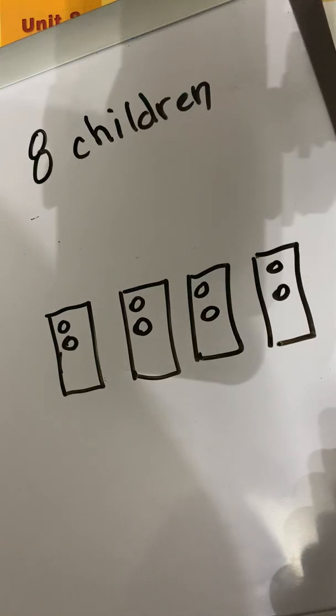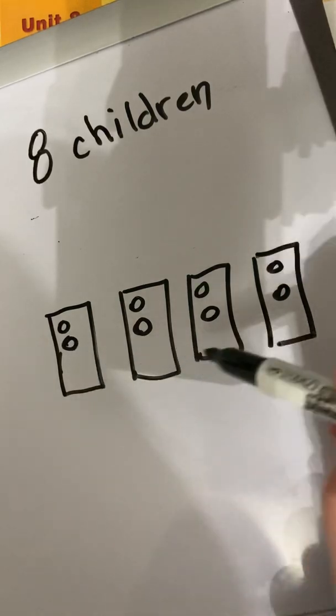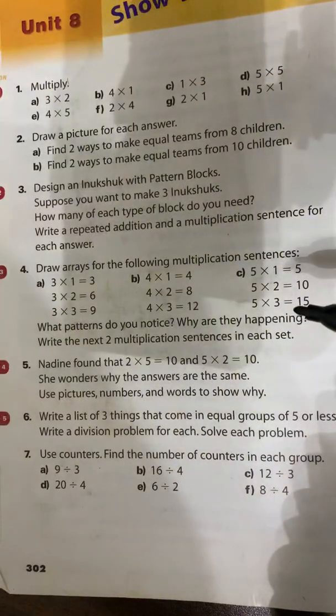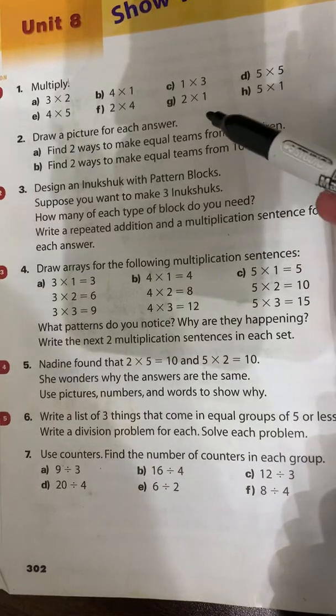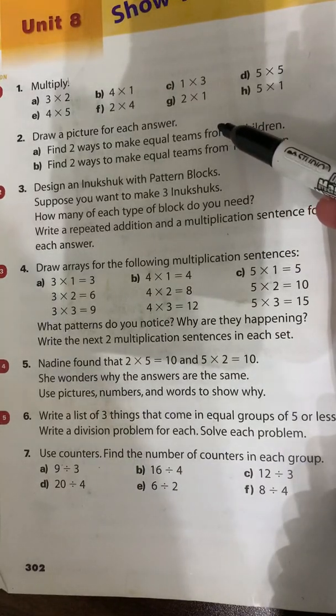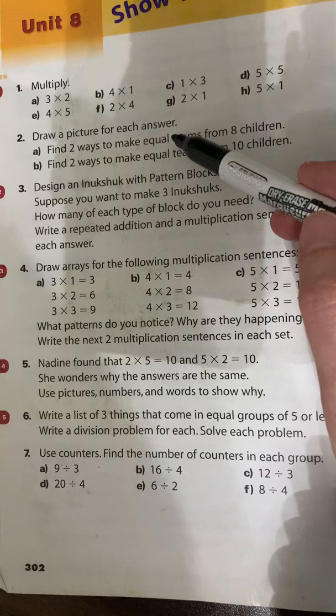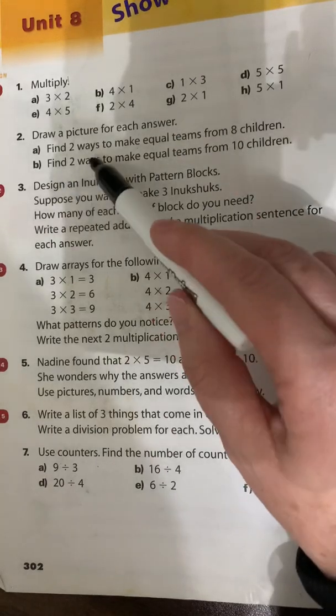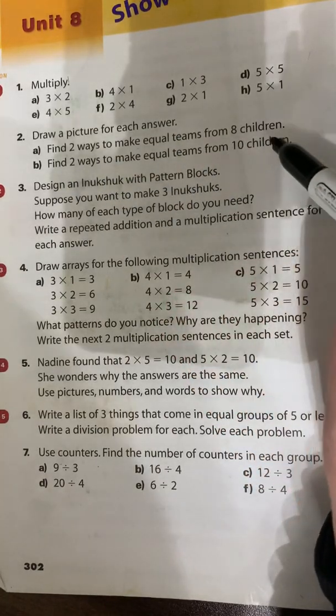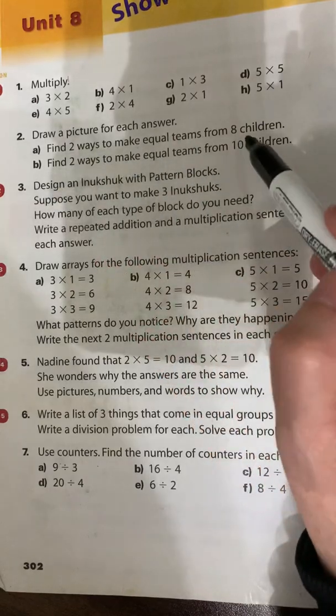Aha, I'm done. I was able to put them all into equal teams, but this time I made 4 teams with 2 kids on each team. Okay, so that's your answer for question 2A. I just showed you 2 answers, 2 ways to make equal teams of 8 children. You can copy my answers.